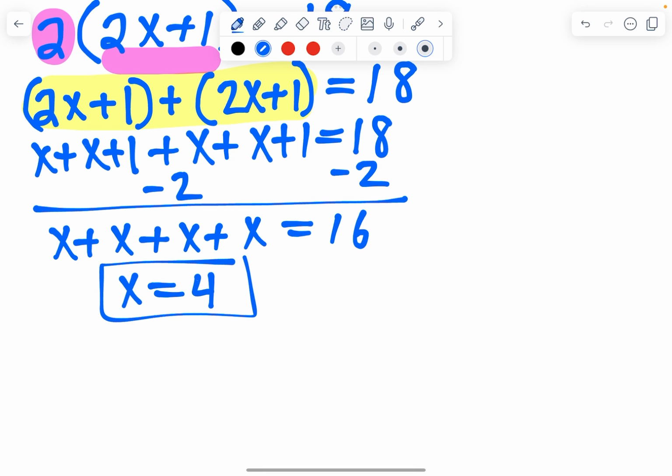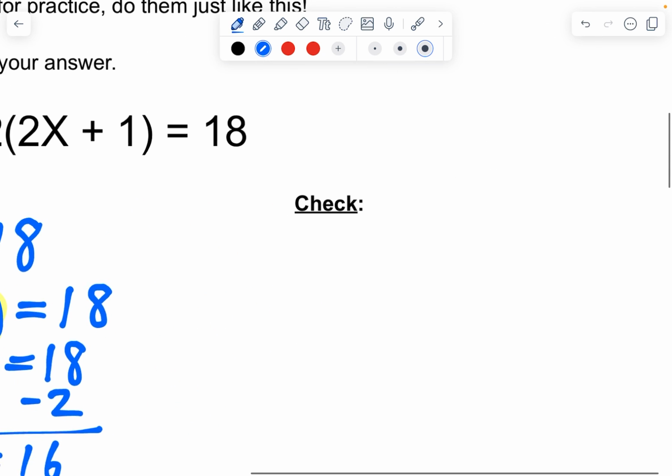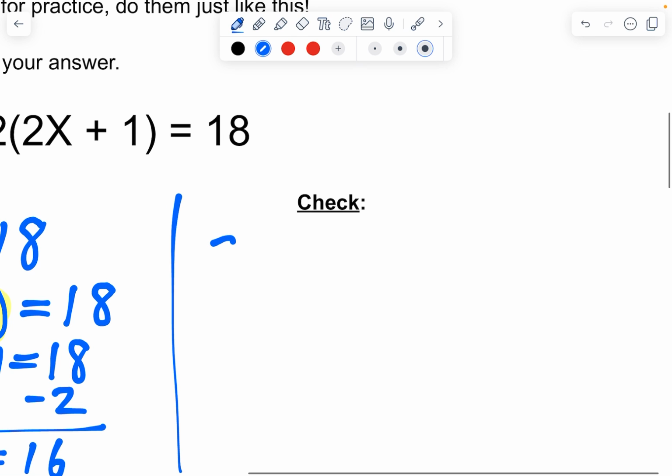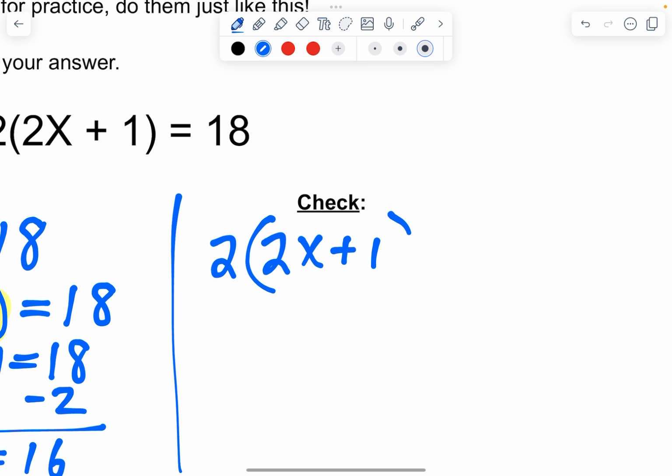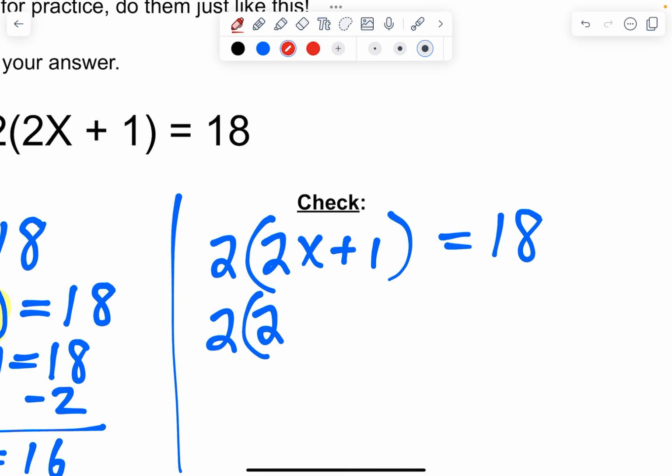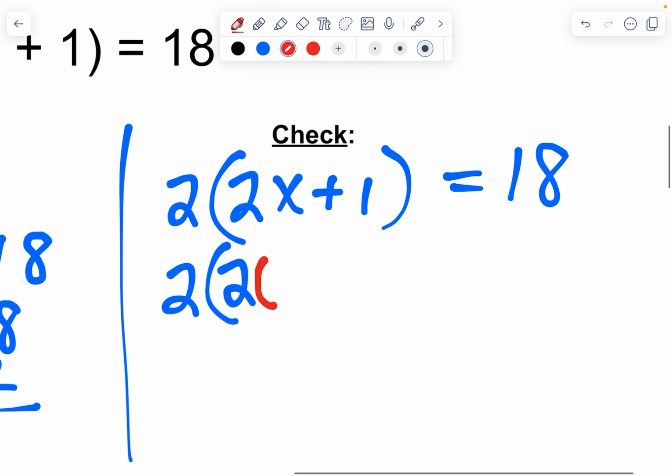When we do the check now, this is going to look a little bit different. I'm going to write the original problem. I'm going to write down what I know, and then when I take out the x, I'm going to do a little bit smaller parenthesis, and I'm going to put in what x equals, so that's 4.